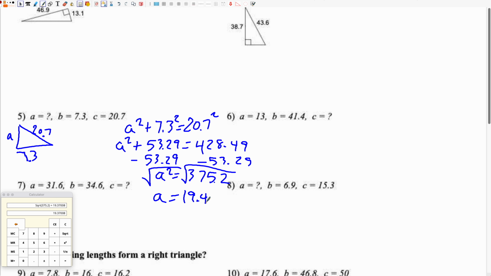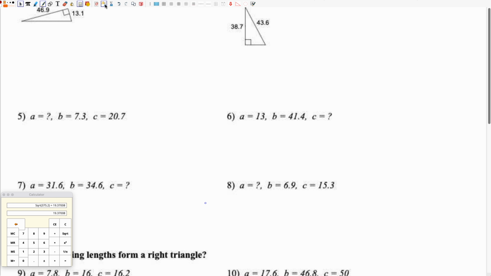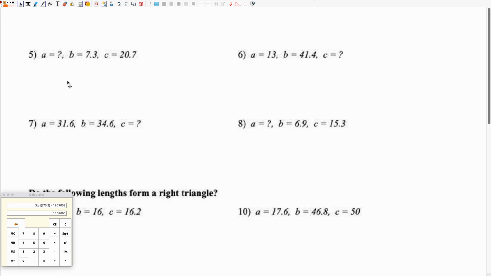All right, next, work down the page here. Number 7. This time I'm missing C, which is the hypotenuse. So I can do 31.6 squared plus 24.6 squared equals C squared.